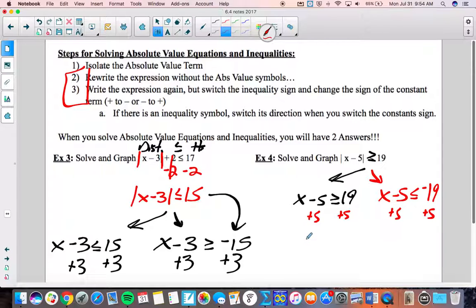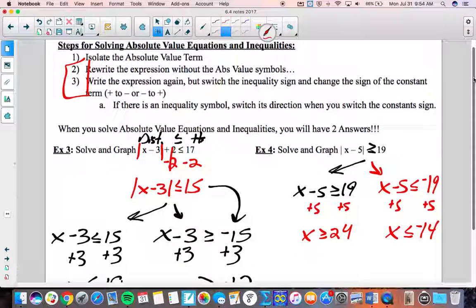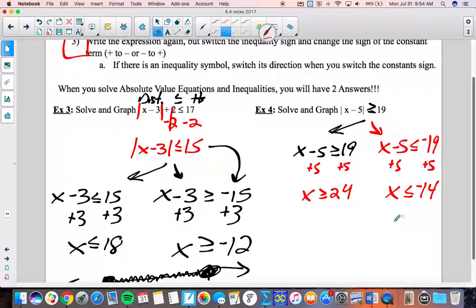So we get x is greater than or equal to 24, and x is less than or equal to negative 14. Distracted, making sure my little switcheroo is going to work out the way I hope it will.